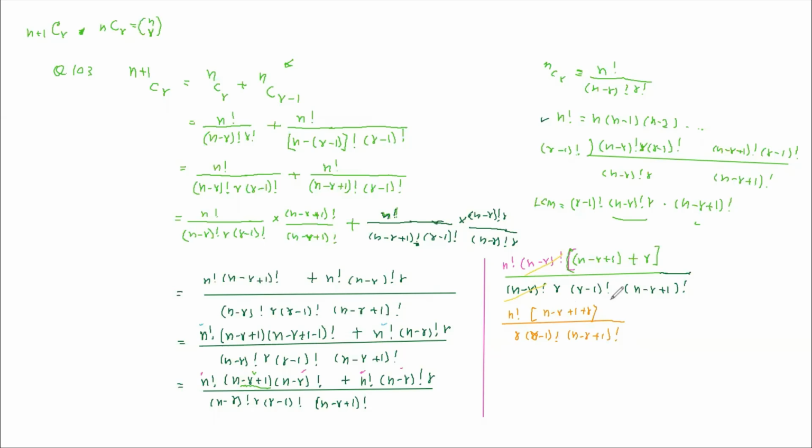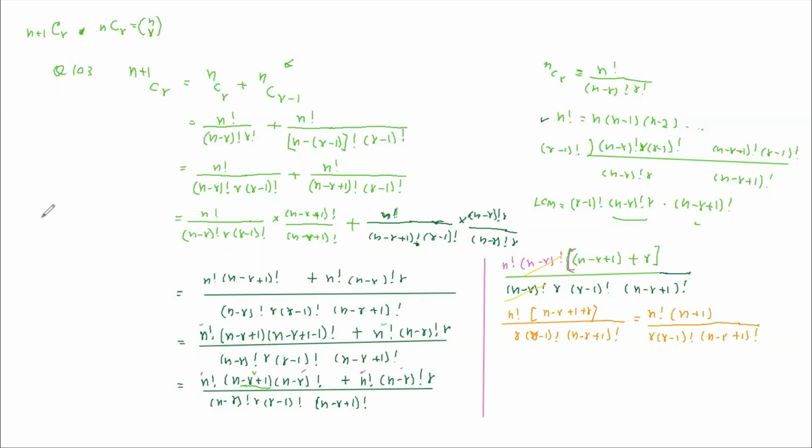So minus r plus r is gone. So we are left with n factorial times (n plus 1). The bottom we leave still the same, nothing changed: r times (r minus 1) factorial times (n minus r plus 1) factorial.